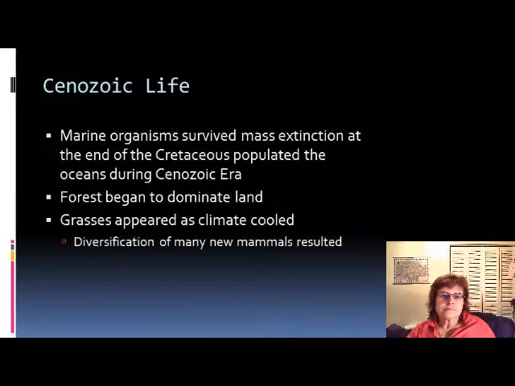In the marine environment, some organisms survived the Cretaceous mass extinction, so there was not that much change in the ocean. Forests started to dominate the land, and when the climate started to cool, grass also appeared, which helped in the diversification of a lot of different mammals.